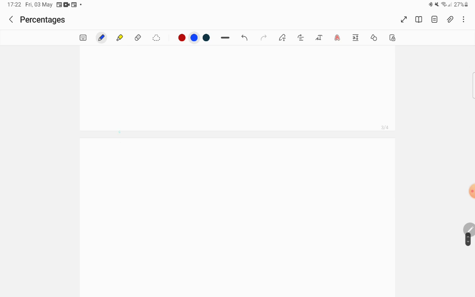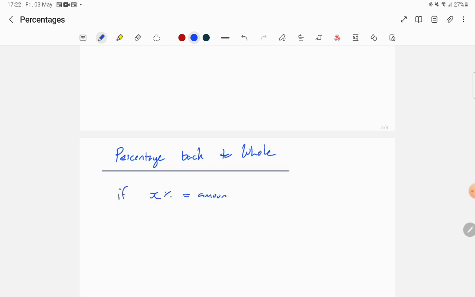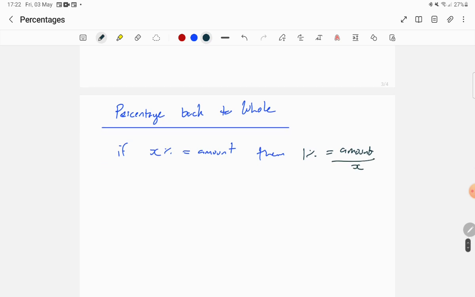So what that means is, if, for example, X% is equal to an amount, then 1% is equal to the amount divided by X. So 100% is equal to the amount over X times 100.